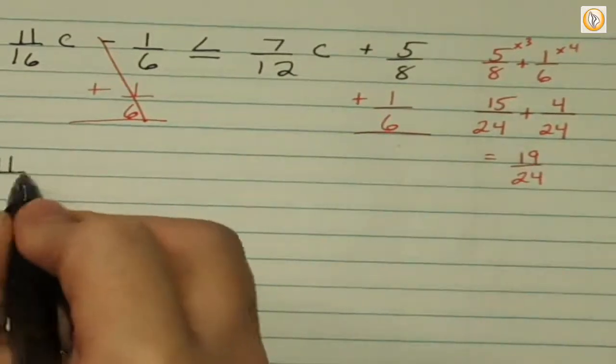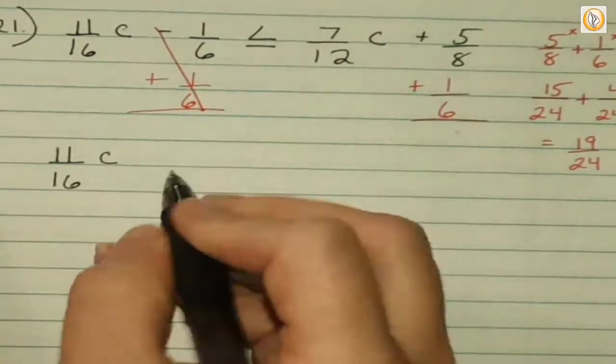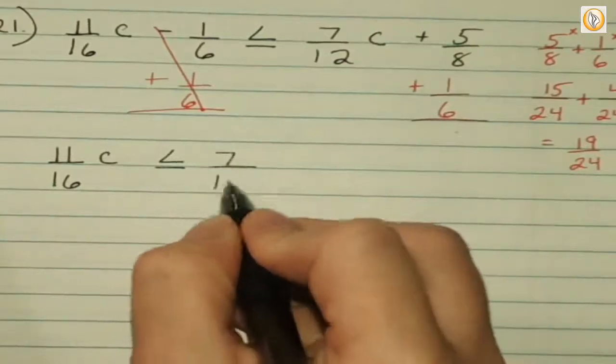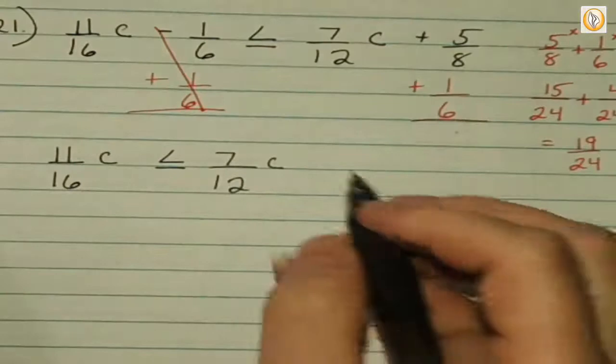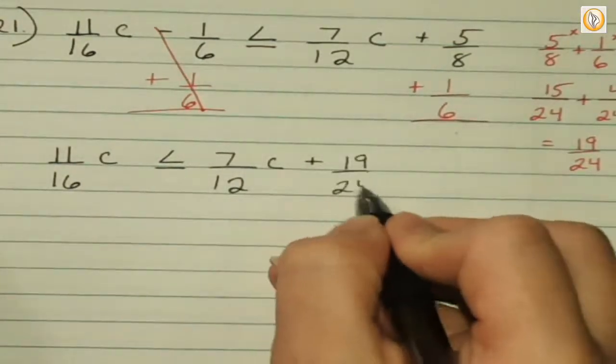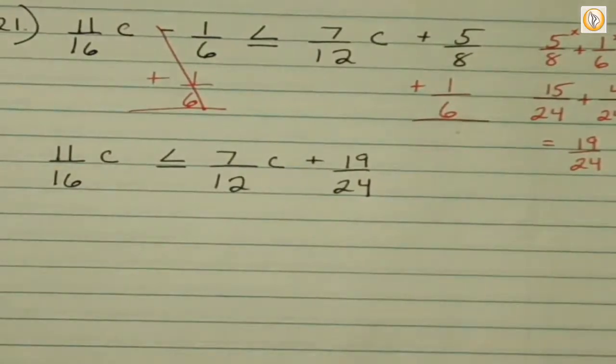I have 11 over 16c is less than or equal to 7 over 12c plus 19 over 24. Any questions so far? Okay, now what do I do?